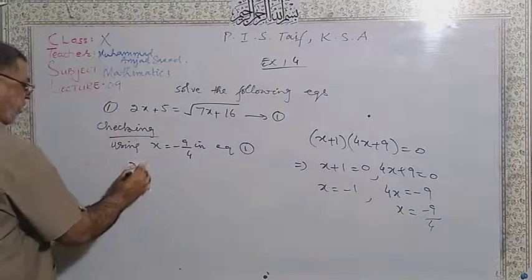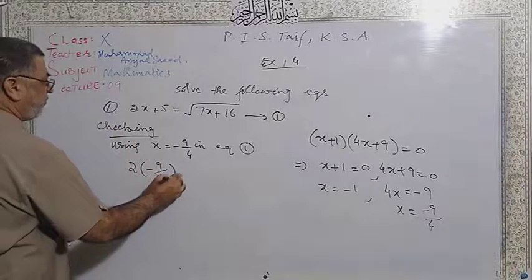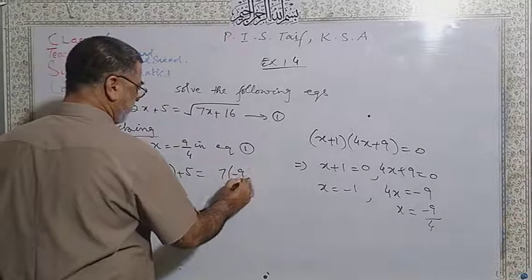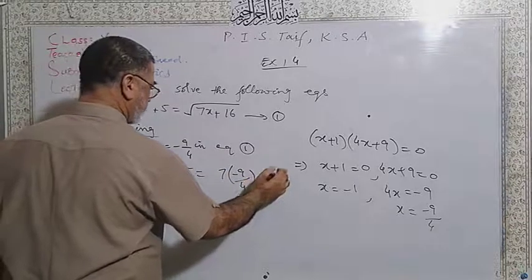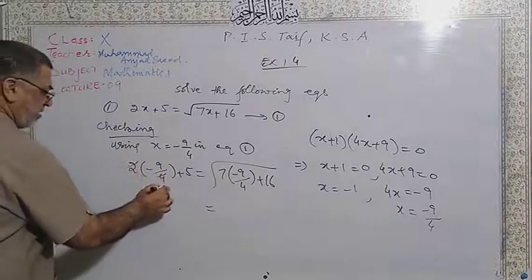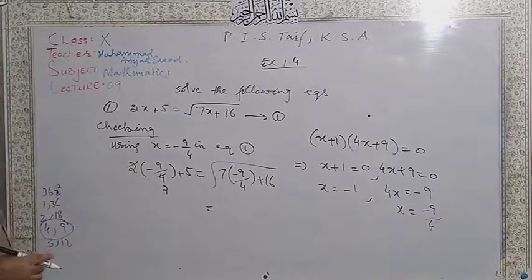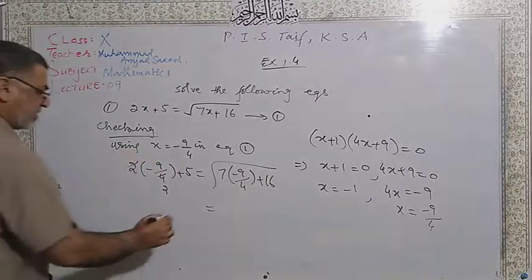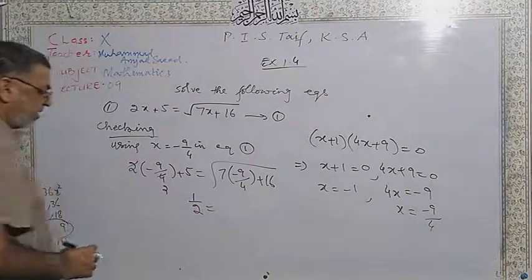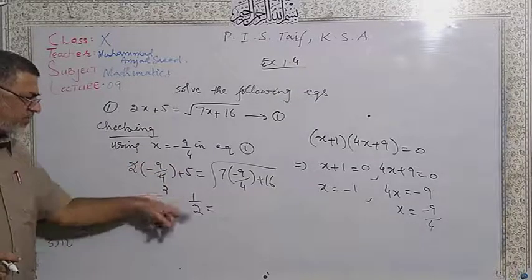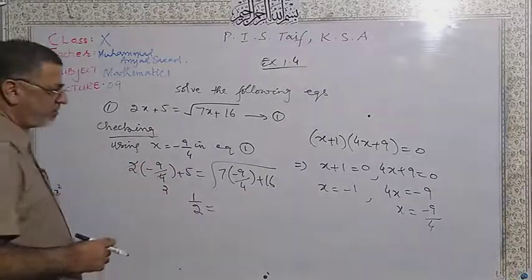Using this, 2 into -9 over 4 plus 5. Here 2 will cancel 4. 2 fives are 10 and 10 minus 9 is 1 over 2. This is the shortcut to solve.